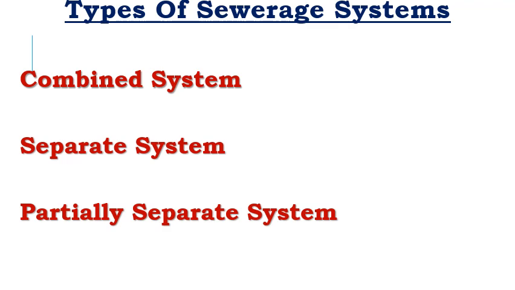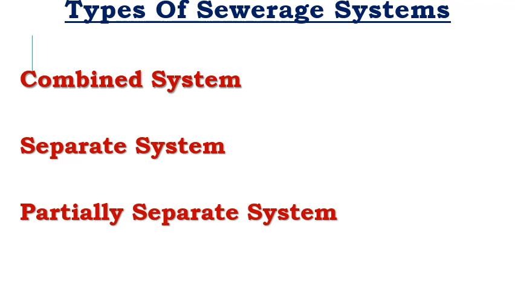Very important and definite question will be asked in the examination. Frequently they are going to ask. It is a compulsory question. You just go through this one. It's very easy. These are the 3 types: combined sewerage system, separate sewerage system and partially separate sewerage system.